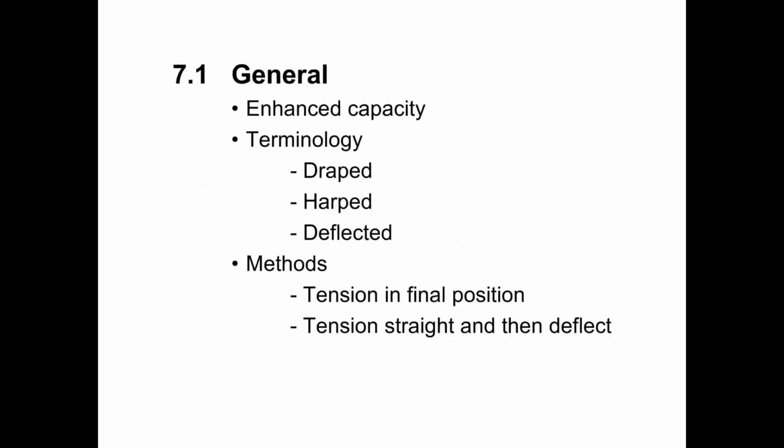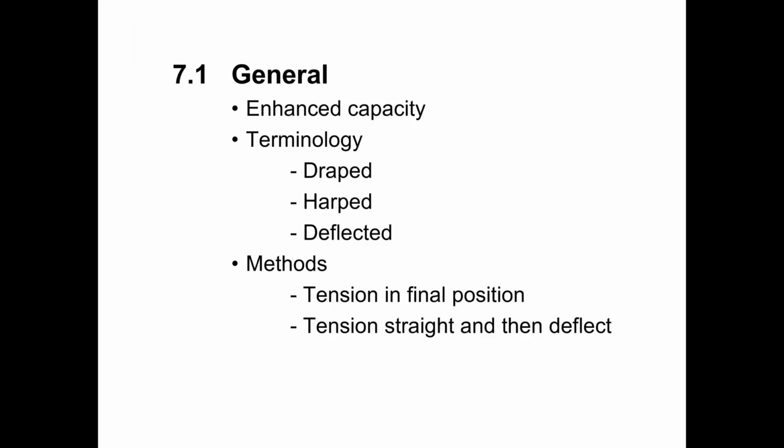So certainly deflecting pre-stressing strands is a bit more complicated than tensioning the straight strands. And so that raises the question, if it is more complicated, then why bother doing it? What's the big advantage to using deflected pre-stressing strands? And really there's two advantages.